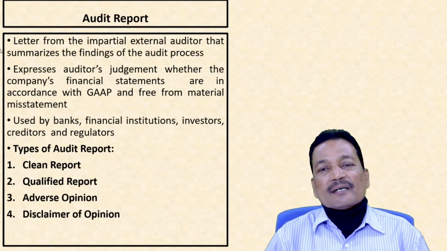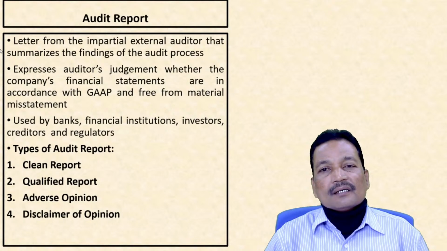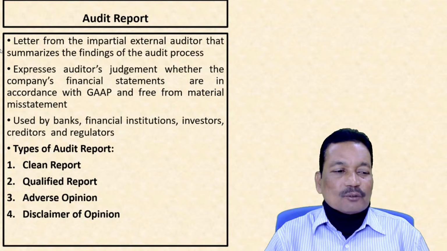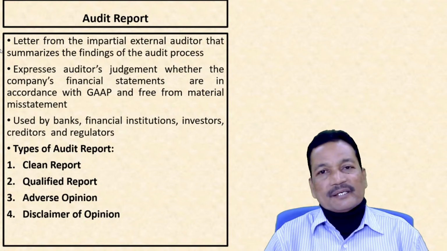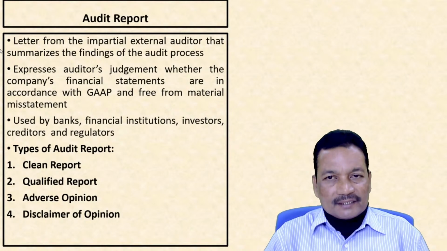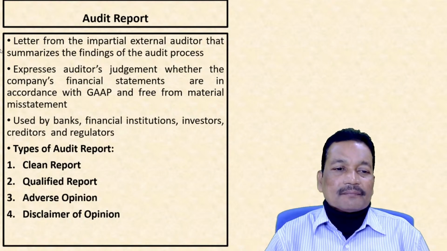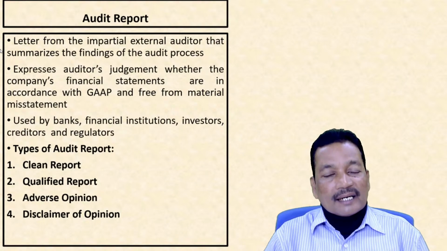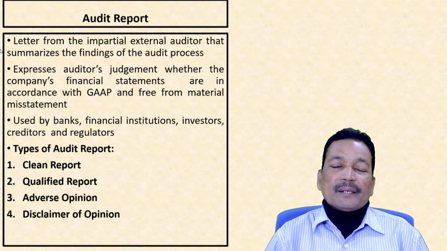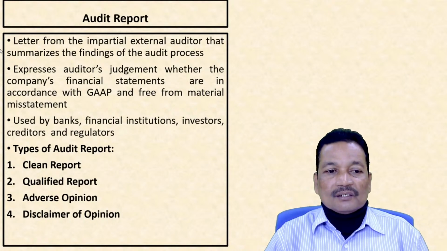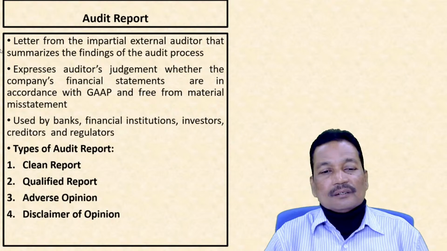So if such kind of things are there, then the auditor will put his opinion as adverse opinion. And here the various kind of financial institutions etc. may not come forward or legal actions may be started against the organization due to this adverse opinion.